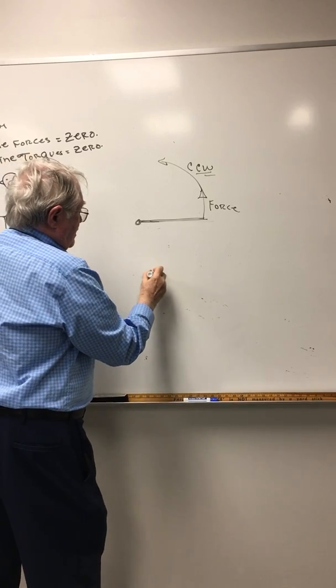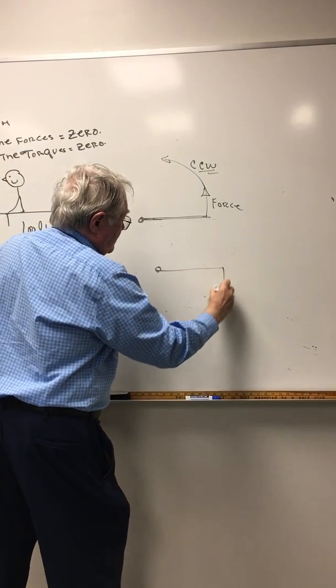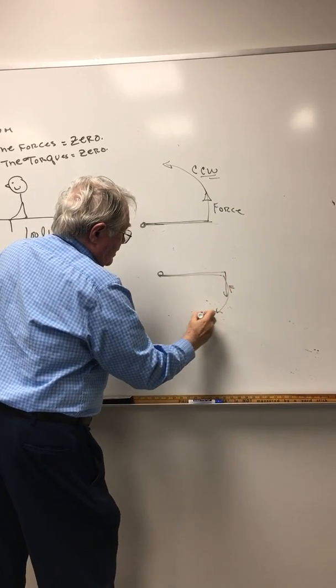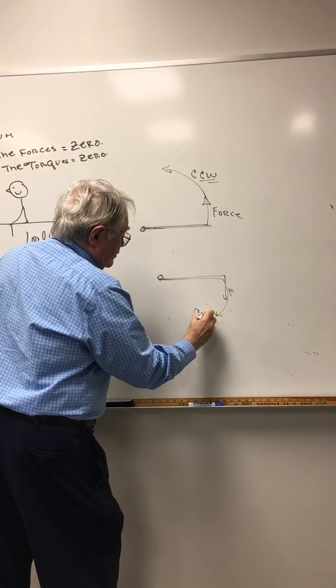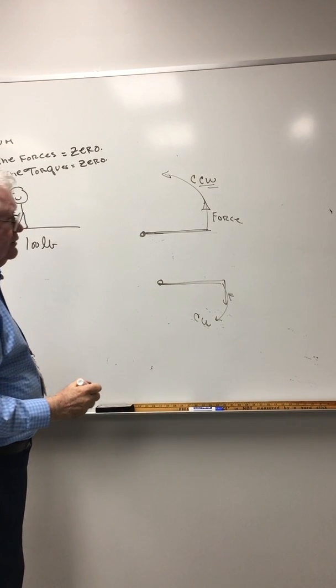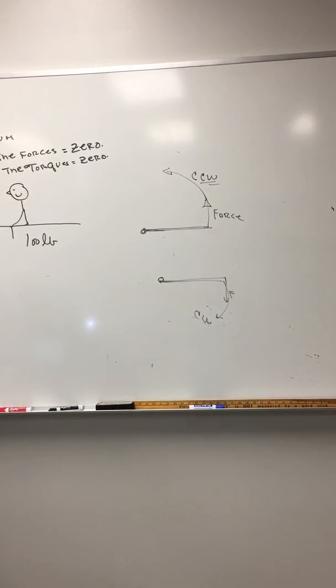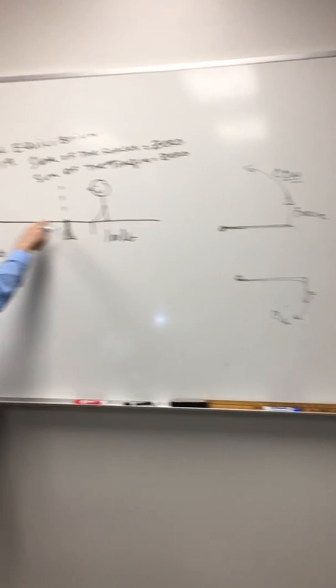On the other hand, if the force is going this way, then the rotation would be going that way, and that direction would be clockwise, CW. So the torque is the product of the force and the distance.